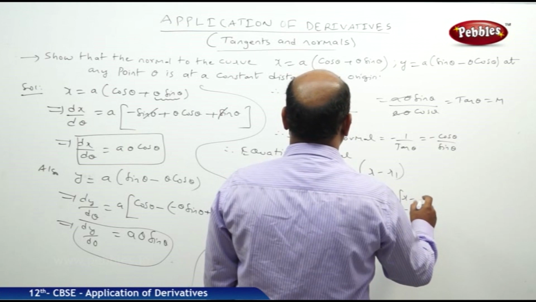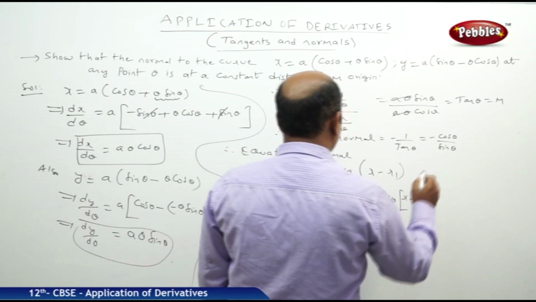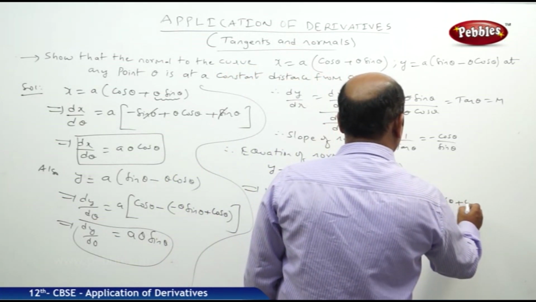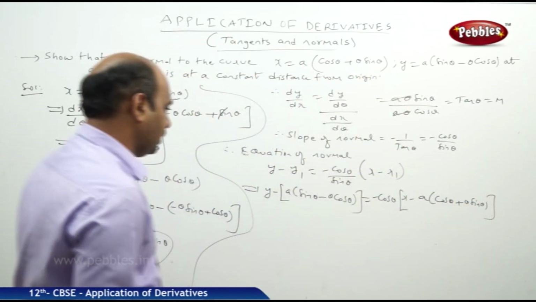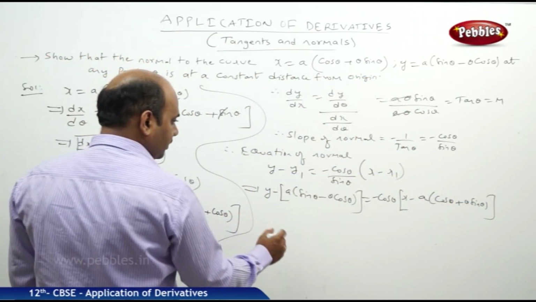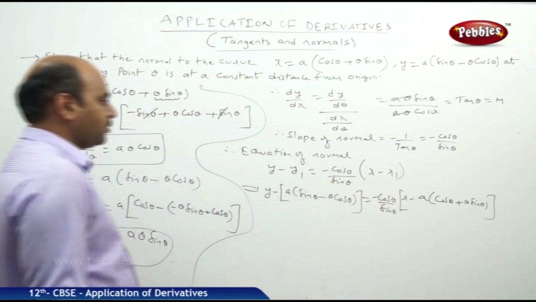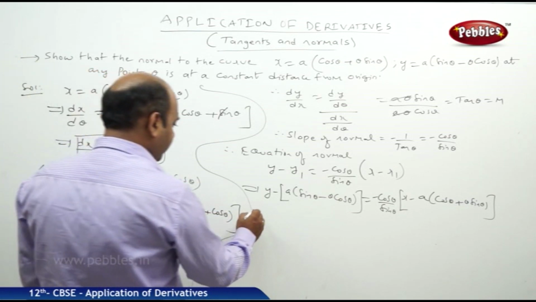So x minus x1 means what happens? I can write as a into cos theta plus theta sin theta. So what happens? Now finally here minus cos theta by sin theta, because slope is here minus cos theta by sin theta. I want to cross multiply.